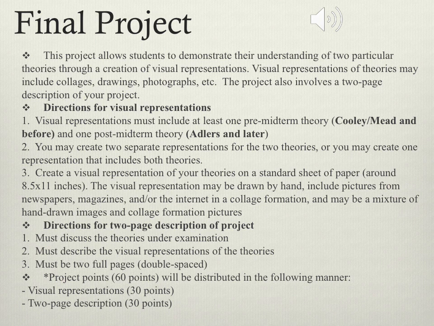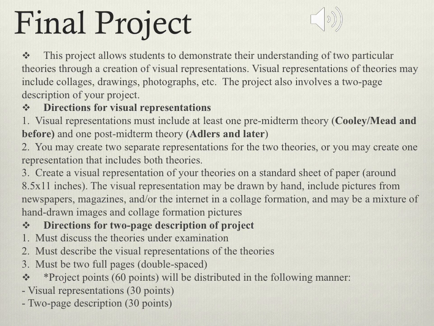But since we're doing this virtually now, you can find your own way of uploading your visual or visuals in our D2L class. You could put it in a PowerPoint, which would be one easy way, and then upload the PowerPoint into the D2L site.